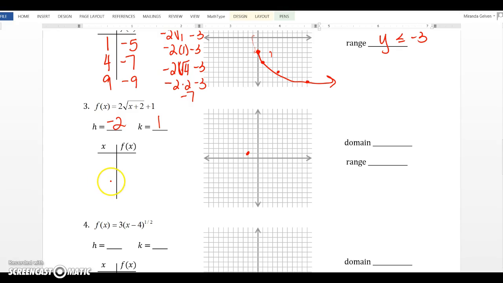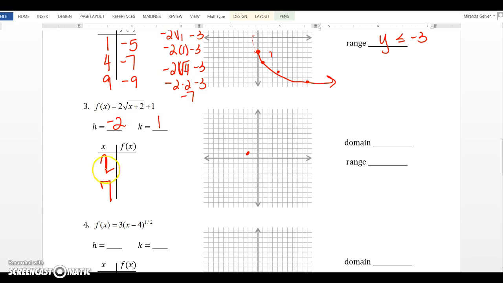Now I need to pick some x values for underneath the radical that make perfect squares. I'm adding 2, so easy x values to pick would be 1, and then another easy x value would be, oh no, 1's not right. What am I thinking? How about 2? 2 makes better sense. And how about 7?